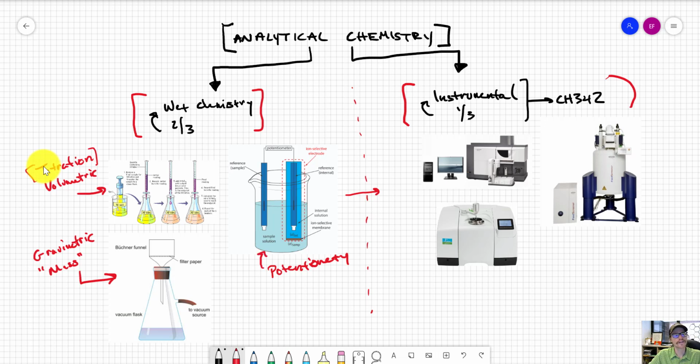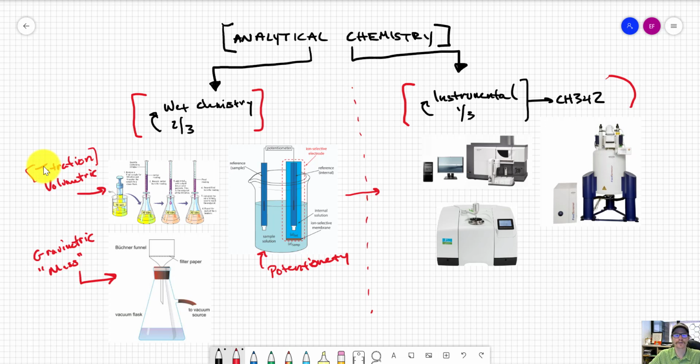So these are the big areas of wet chemistry. You're using glassware, liquid and solid reagents, you're doing reactions, and then you're often using mass or volume and sometimes voltage to evaluate something specific about your chemical system.